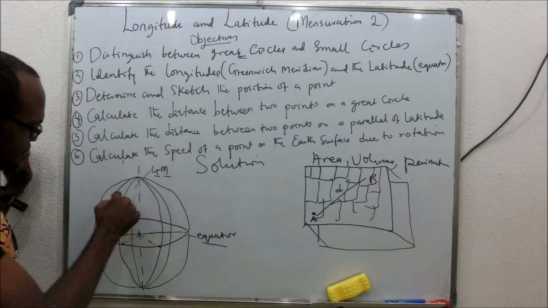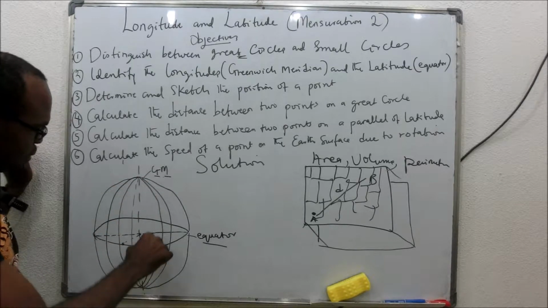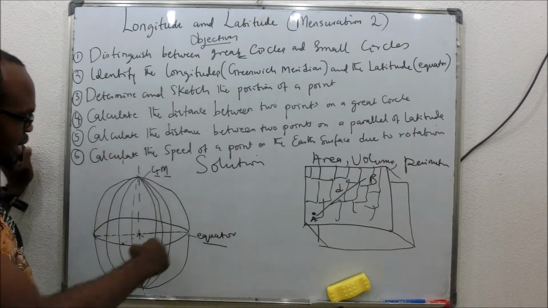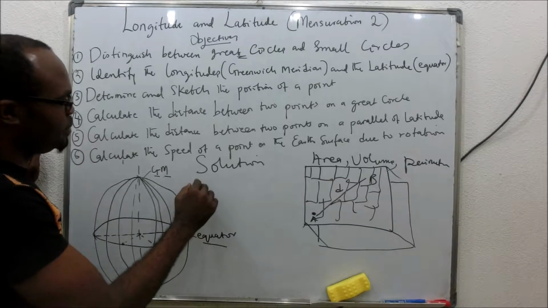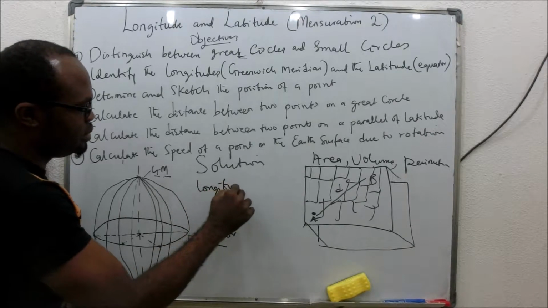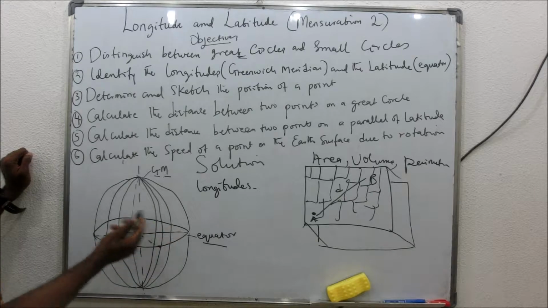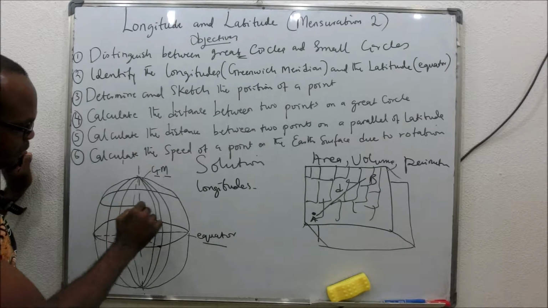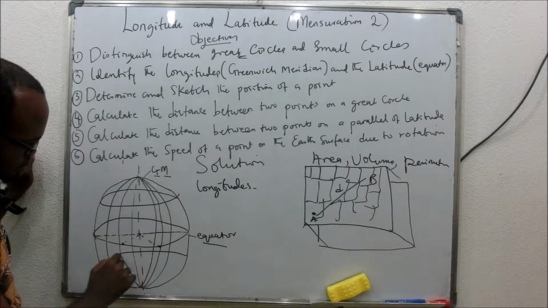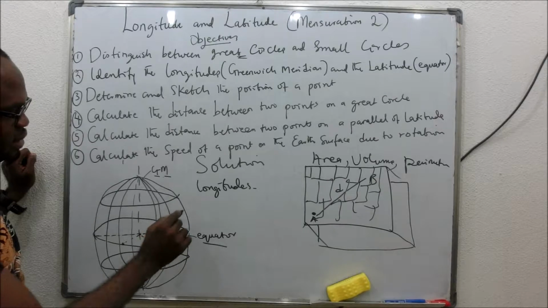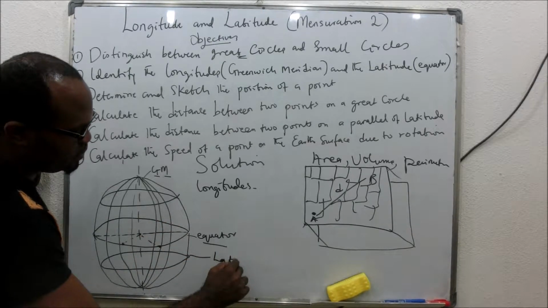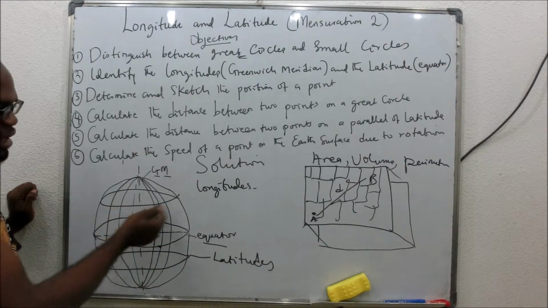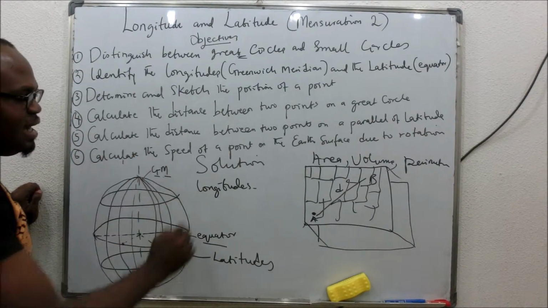All the vertical circles like this are called longitudes. Whereas any circle like the equator, cutting the Earth horizontally, is known as a latitude. So the horizontal circles are the latitudes, whereas the vertical circles are the longitudes.